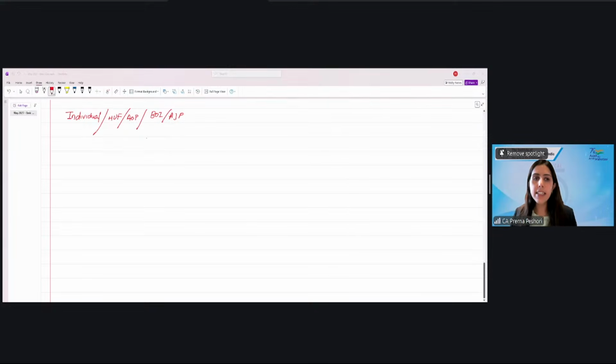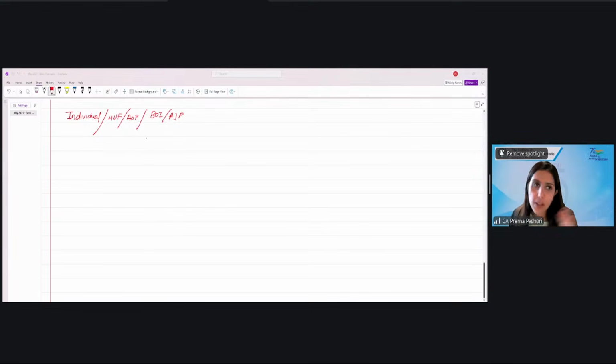HUF essentially is where you have the family property that you put to use for undertaking a business or any investment activity, operated under the Hindu law. So the HUF concept comes out of that law, and it is a separate entity.